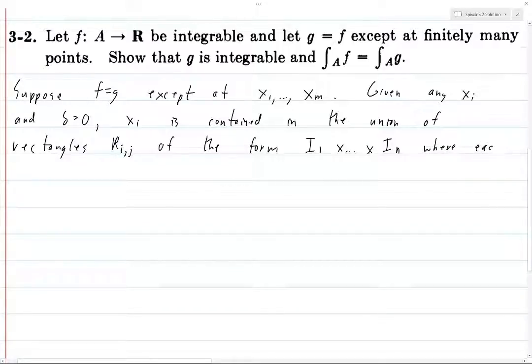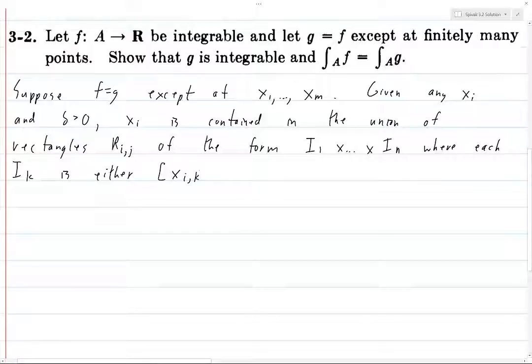where each interval Ik is going to be... So xi is an element of Rn, and we want to take the kth entry.